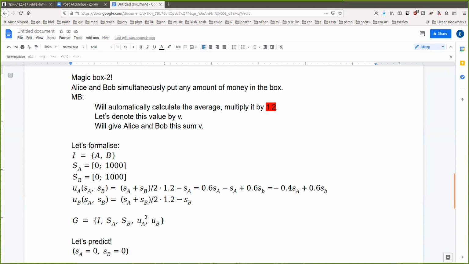So the average of 1,000 and 1,000 is 1,000, and everyone will get back 1,200 in that situation, and it seems profitable. But every player has an incentive to deviate from the promise, let's put 1,000, let's put 1,000, and thinks, oh, if I put less, I will receive more because my function has a negative coefficient before the variable I'm choosing.